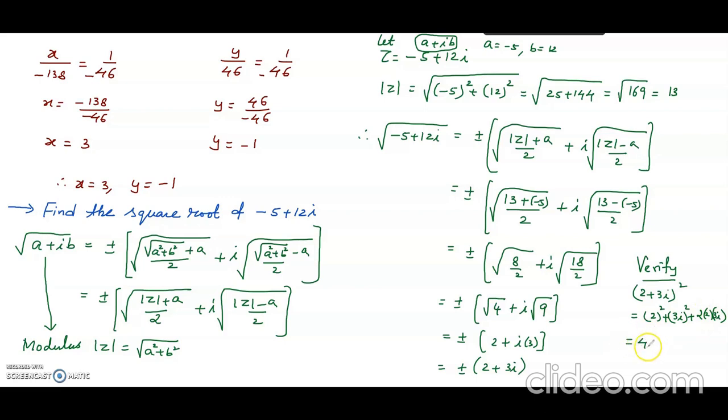So this will be equal to 4 plus 9i square plus 12i. This is 4 minus 9 plus 12i. Remember, the value of iota square is minus 1, 9 into minus 1 is minus 9. So 4 minus 9 is minus 5 plus 12i. That is how you can verify whether the value which you got is the right one or the wrong one.